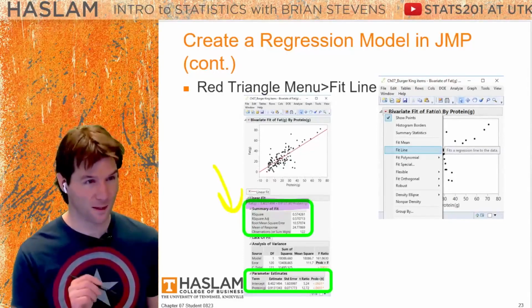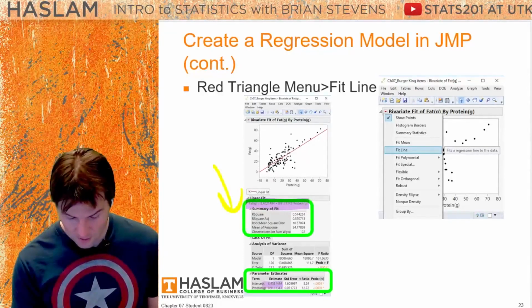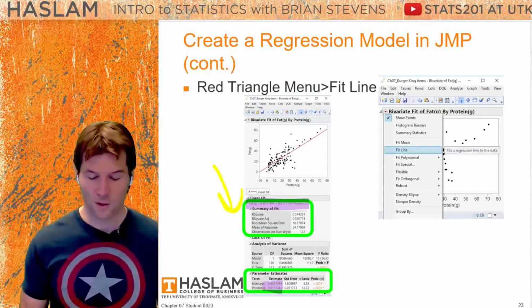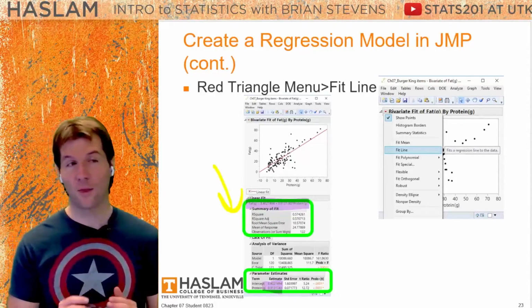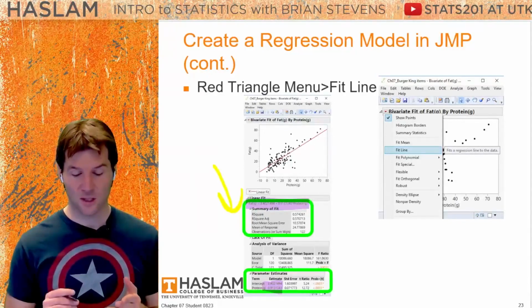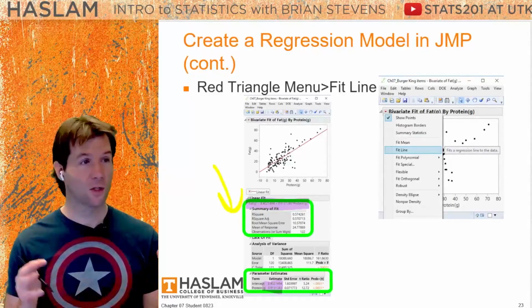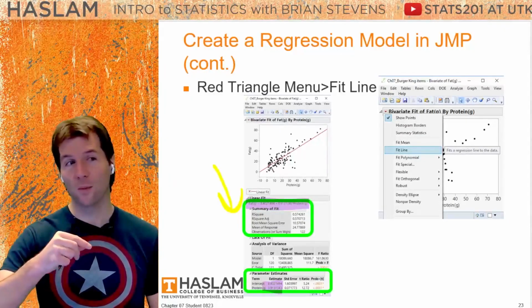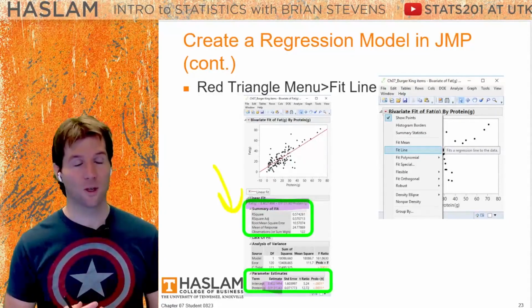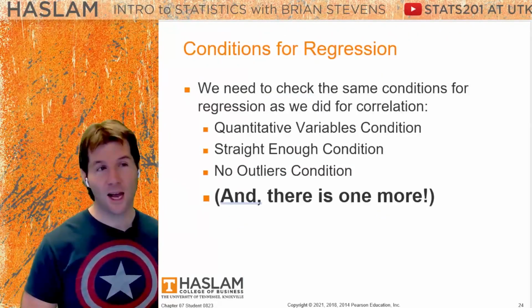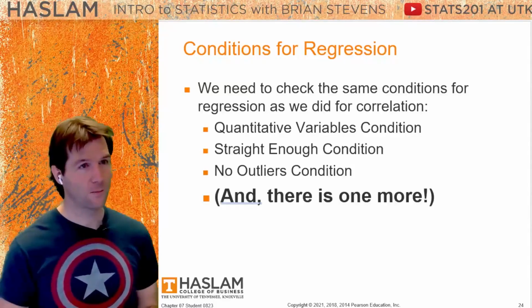We'll zoom more on it a little bit here. And also the estimates can be found down here in your output by going to fit line. Once you fit the line, you get the equation up there, and you also get the estimates down there. So what I've highlighted in purple is going to be where your estimates are, and it's just going to write out the equation y hat equals b0 plus b1x with the estimate of the intercept and the estimate of the slope.